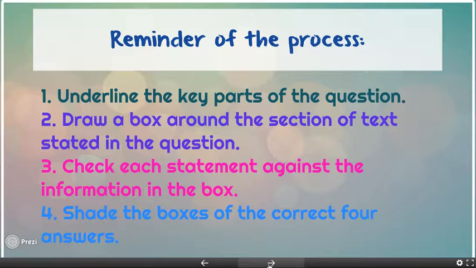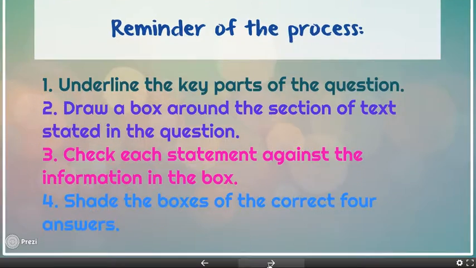The next step is checking each of the statements individually against the information in the box to decide whether that statement is true or false. And remember that you can draw on your implicit or your explicit understanding of the text to help you decide if the statement is true. Then finally, you need to shade the boxes of the 4 statements that you deem to be correct.